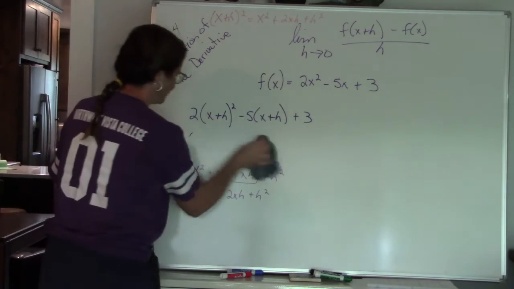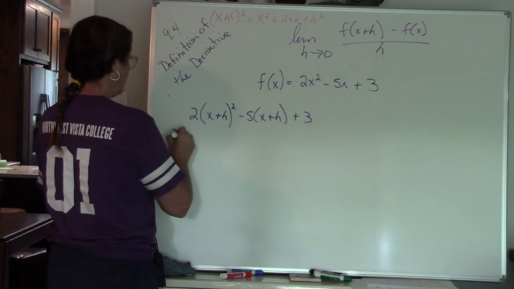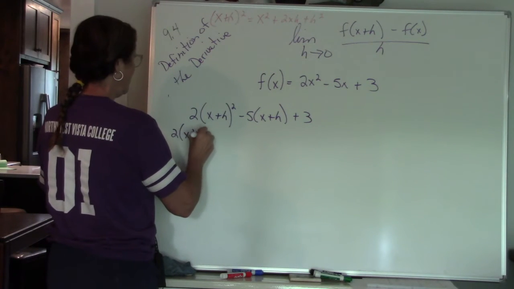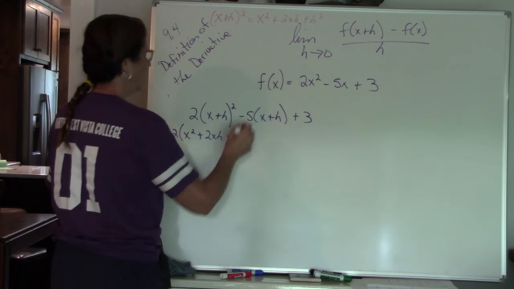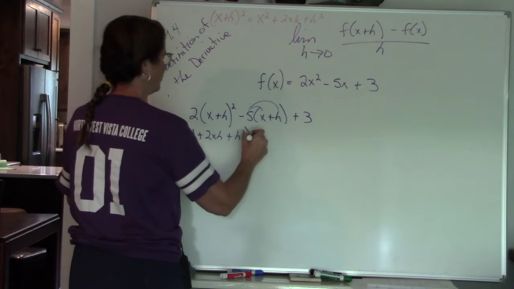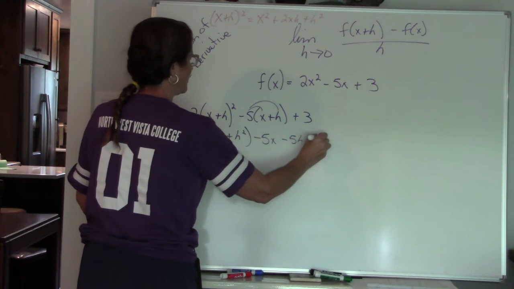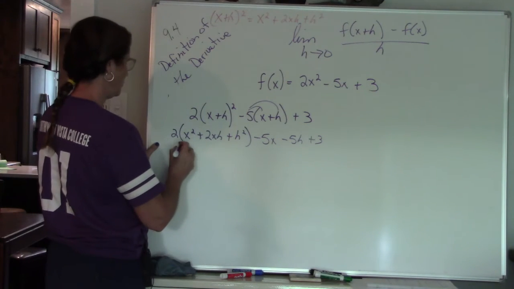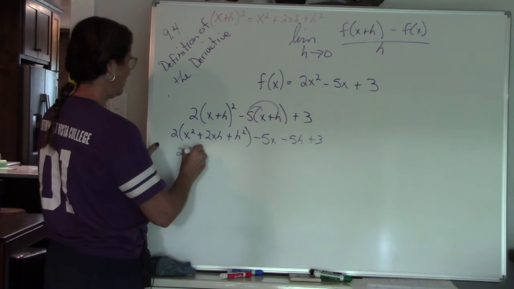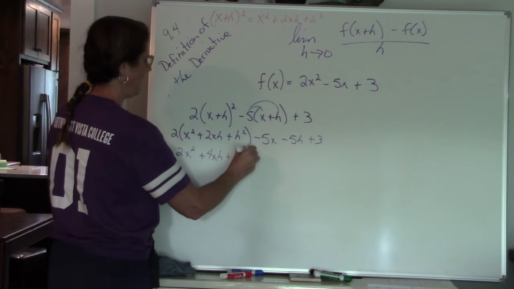Okay, so here we go. So I have 2 times x squared plus 2xh plus h squared. And then I'm going to distribute this 5 through, plus 3. Okay, now last step, I'm just going to distribute this 2 through. So I get 2x squared plus 4xh plus 2h squared.